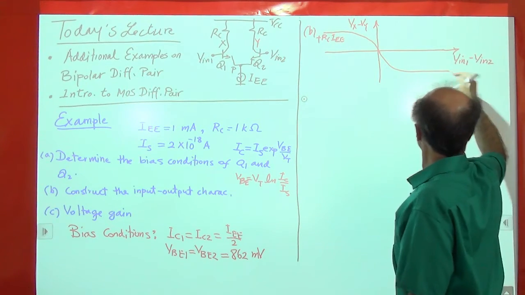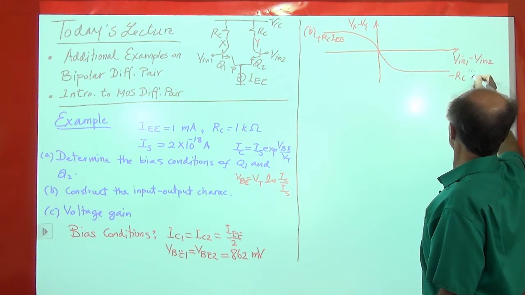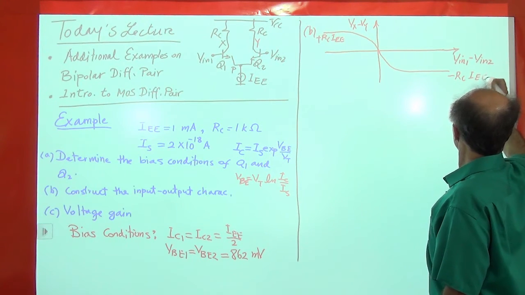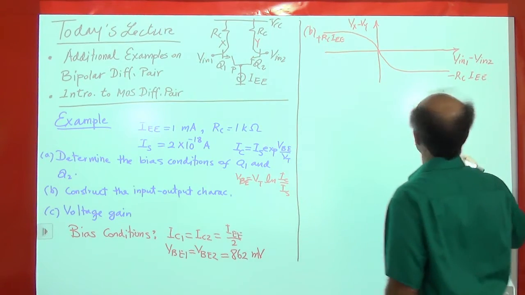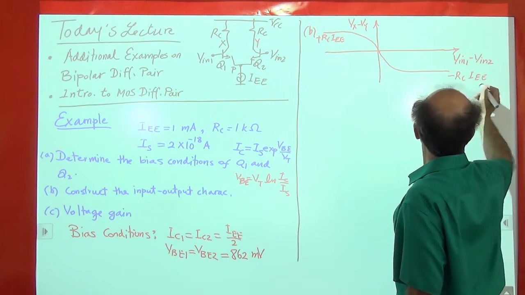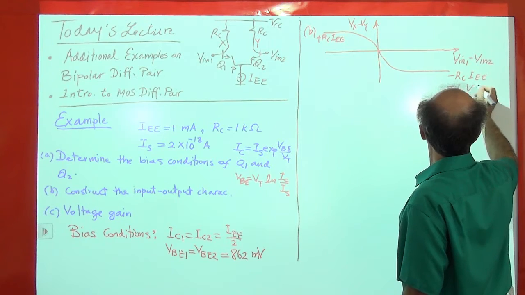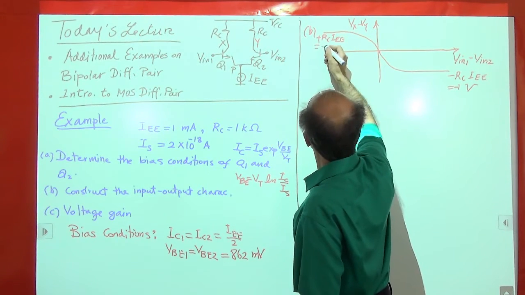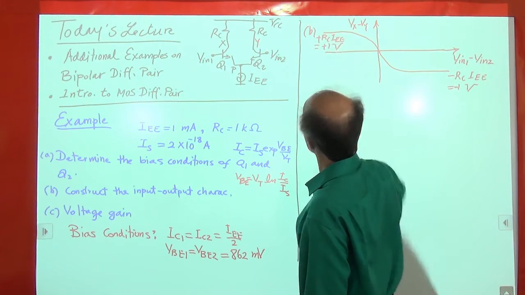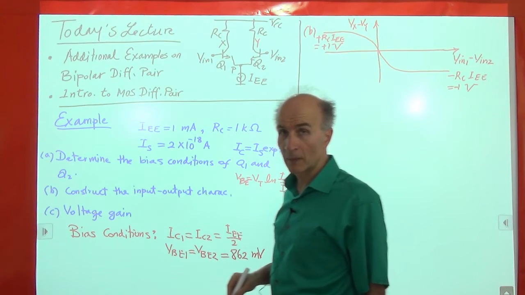And then over here, we have minus RC IEE. And each of these is given by 1 kilo ohm times 0.5 times 1 milliamp. So this is plus 1 volt, and that is minus 1 volt. Okay? It makes sense.